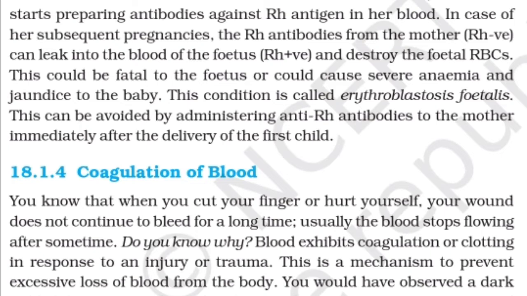This could be fatal to the fetus or child, or cause severe anemia and jaundice to the baby. This condition is called erythroblastosis fetalis. This can be avoided by administering anti-Rh antibodies to the mother immediately after the delivery of the first child.